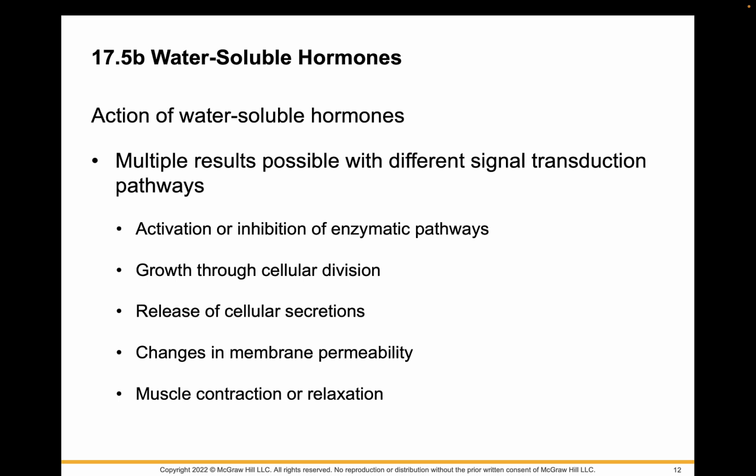Examples of these would be the activation or inhibition of an enzymatic pathway. It may promote growth or activating cellular division. It could cause the release of cellular secretions. We might see the contraction or relaxation of muscles. And we already kind of addressed a change in membrane permeability, which potentially can change the electrical properties of a given cell.